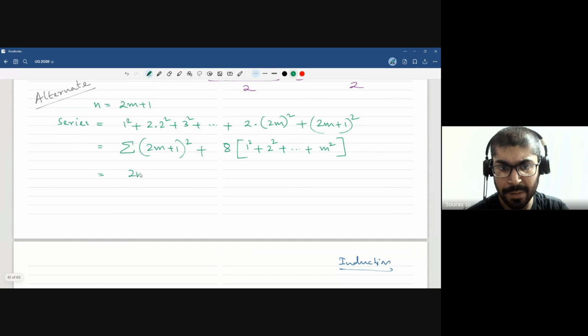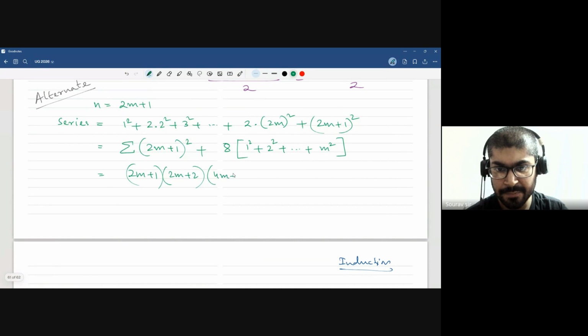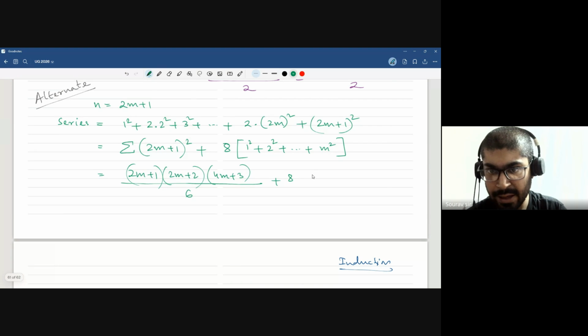So this will become 2m plus 1 into 2m plus 2 plus twice 4m plus 3 by 6. And this would give you 8 into m into m plus 1 into 2m plus 1 by 6.